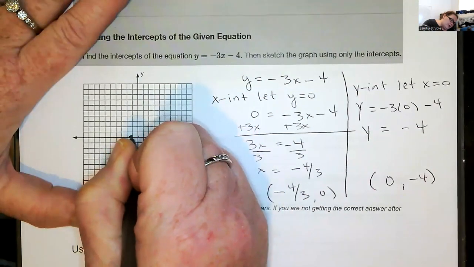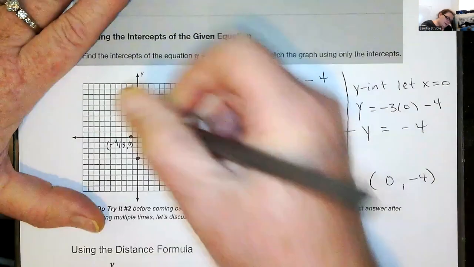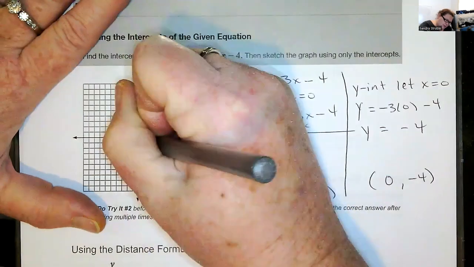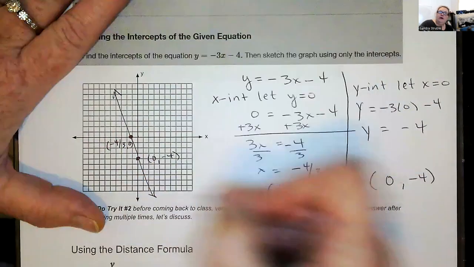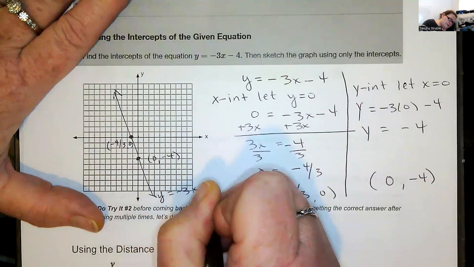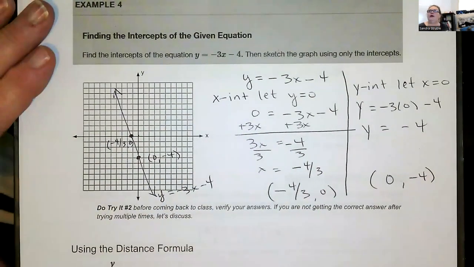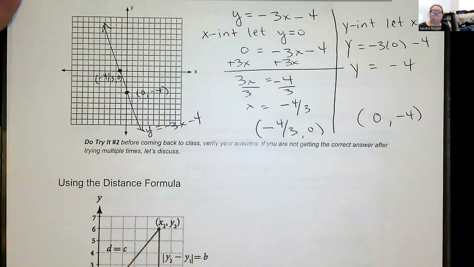It's not going to be perfect, but that's negative 4 thirds, 0. Draw your line. Lord have mercy, I do not have a steady hand. And I always label the line. So y equals negative 3x minus 4. All right. Found the intercepts, drew the graph. Is there anything else we need to do? Nope, looks great.